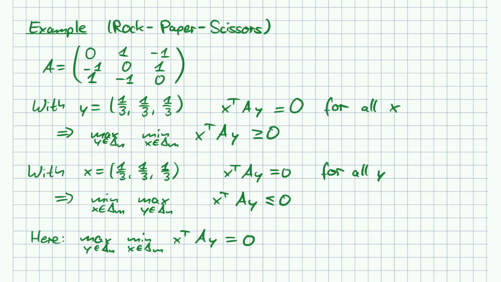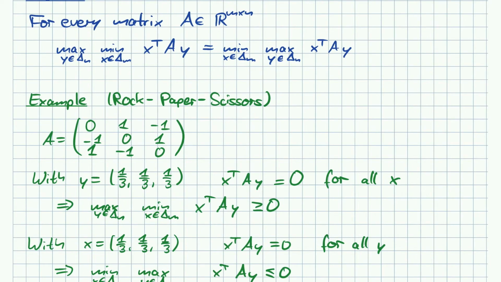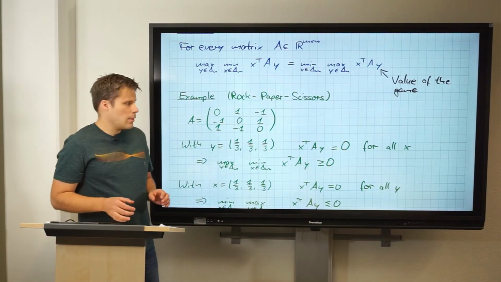And this, what we have on both the left and the right hand side of our equation, this is what we call the value of the game. And this value of the game is well defined regardless of who of the two players has to choose their strategy first. Good.